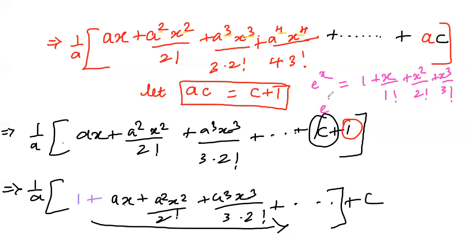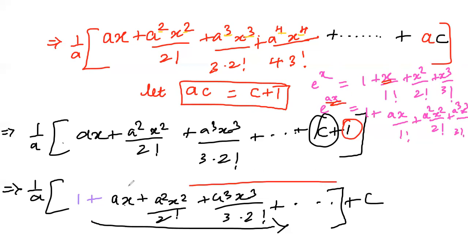And e power ax is 1 plus ax by 1 factorial plus a square x square by 2 factorial, and a cube x cube by 3 factorial, because you're just replacing x with ax. Are you able to follow it?